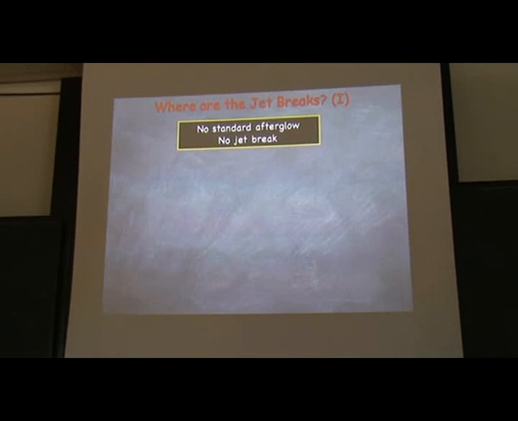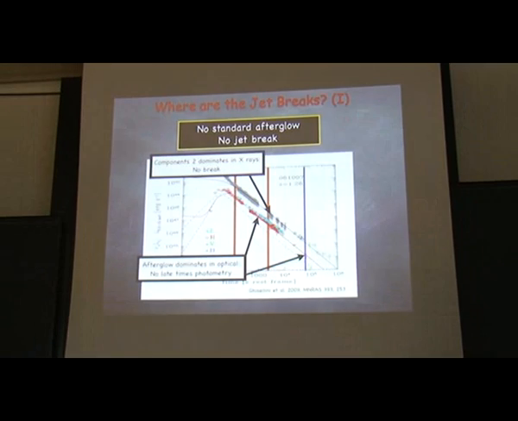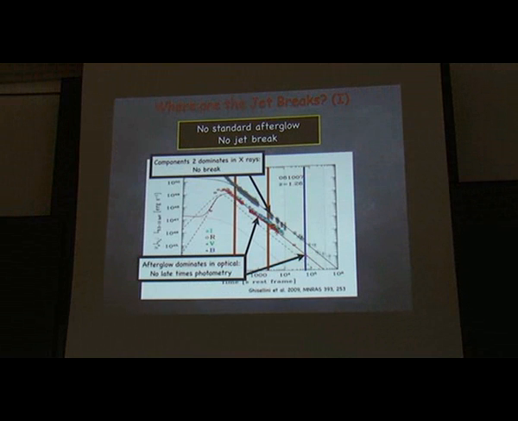Now I would like to treat the last topic of my talk: what about the jet? Like a question you already heard sometimes in this workshop. If no standard afterglow is observed, if the light curve is dominated by component 2, we don't expect any jet break. For example, in this case, 061007, a burst you have already seen, is dominated in our scenario by component 2 in the X-ray and by the afterglow in the optical.